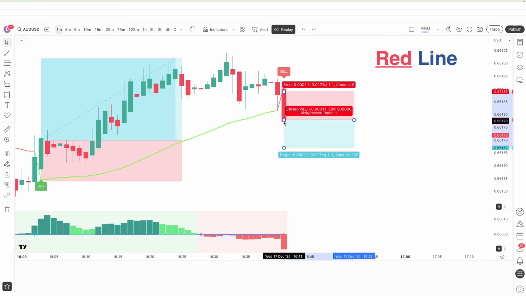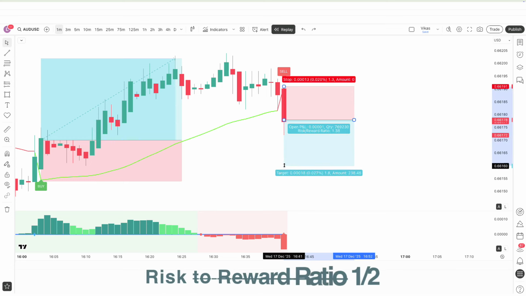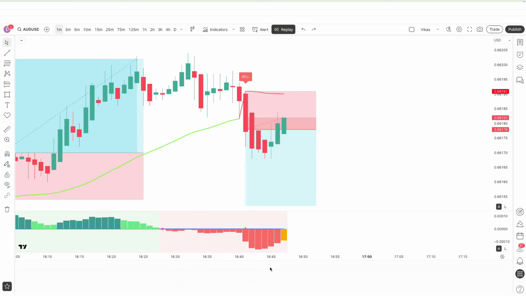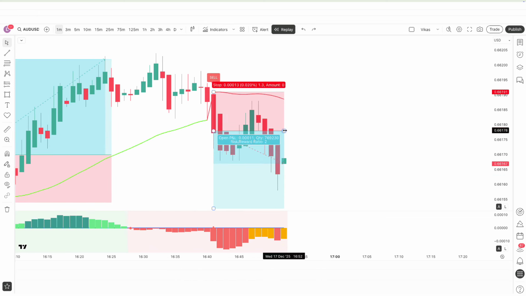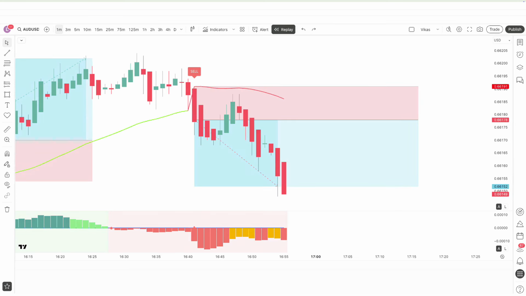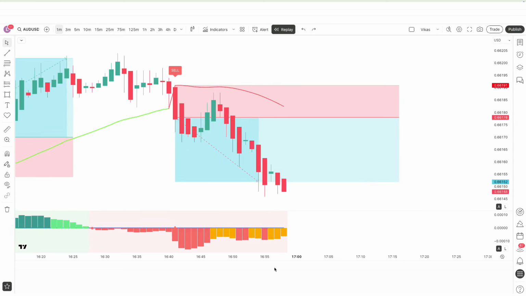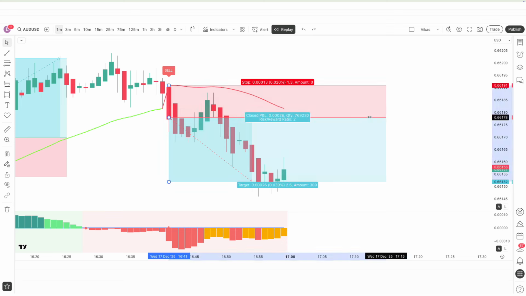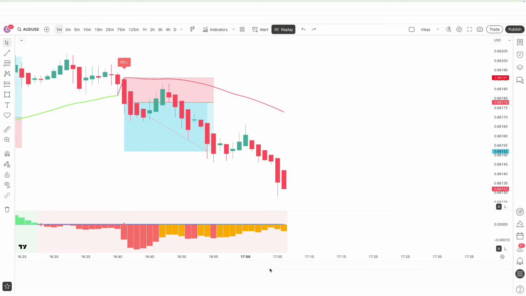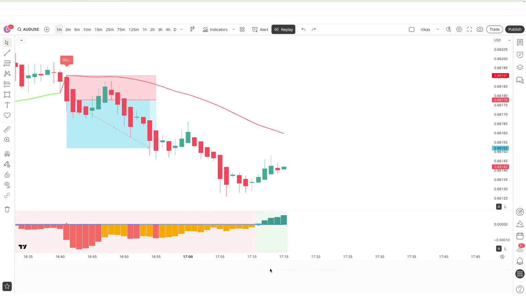Our stop loss should be at the red line, and the risk to reward ratio will be 1:2. The market has completely hit the target. I hope you must have understood this trading strategy. If not, then it doesn't matter. We are going to see examples of some trades so that you will definitely understand.